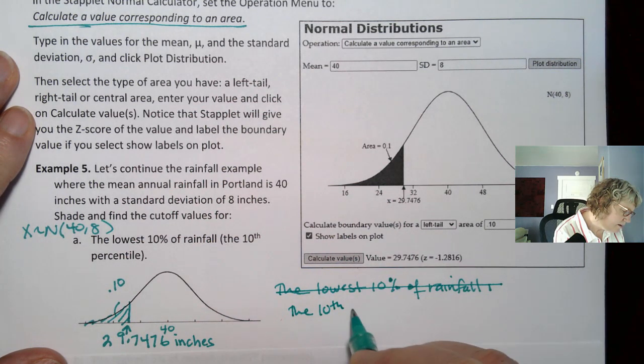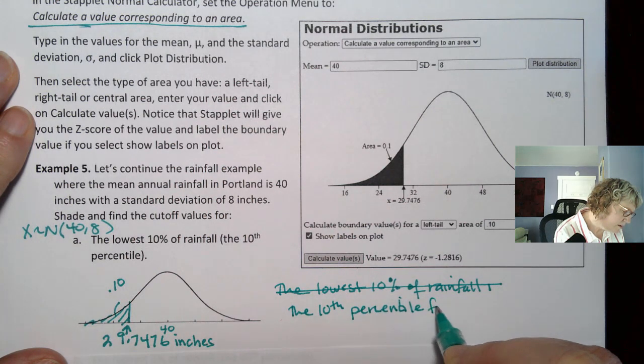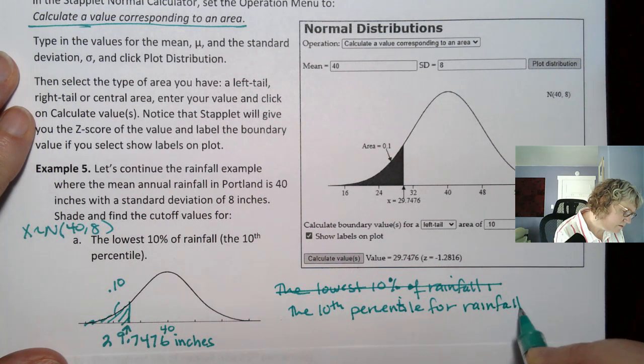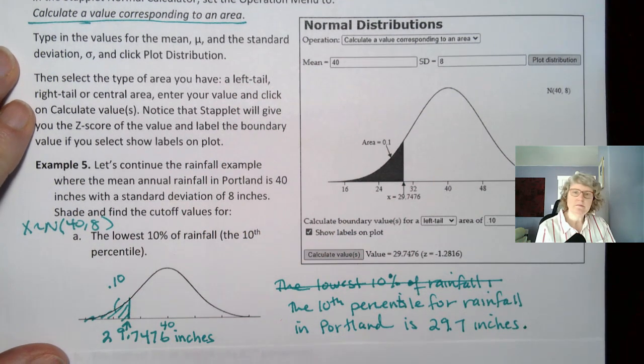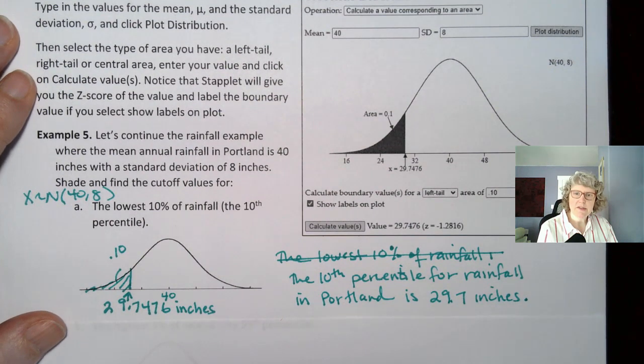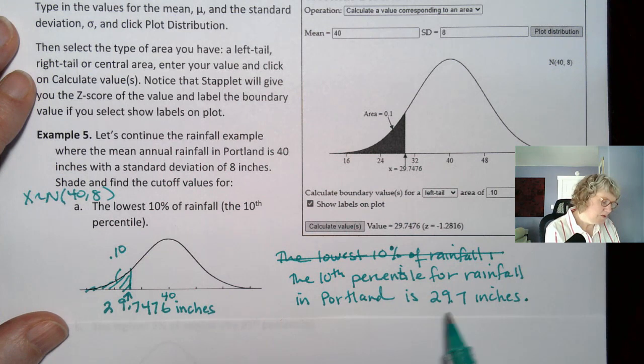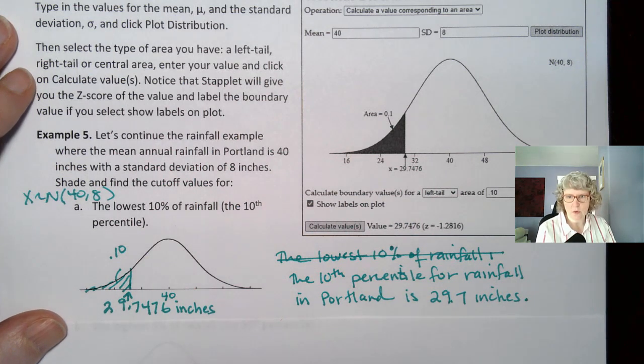The 10th percentile for rainfall in Portland is 29.7 inches. Okay, so that means the driest 10% of the time was 29.7 or less.